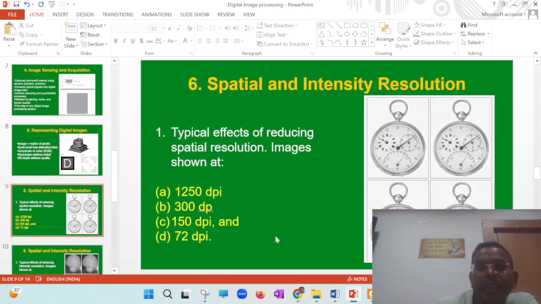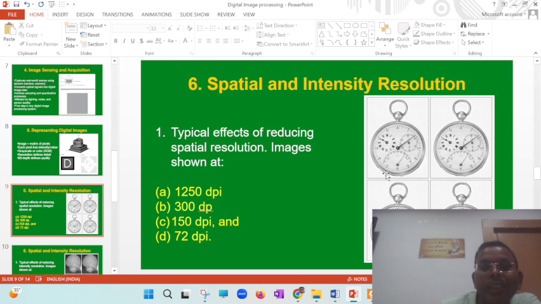Based on intensity and space, there are two types of image resolution. The first kind is the spatial resolution of the image, and the unit of spatial resolution is dpi, dots per inch. Suppose the number of pixels in the x and y directions is fixed, say thousand by thousand. Per inch, how many pixels are there?